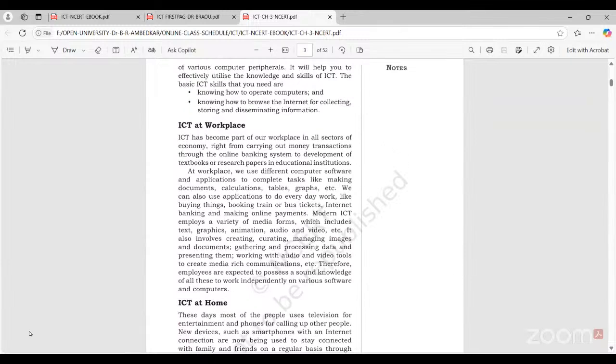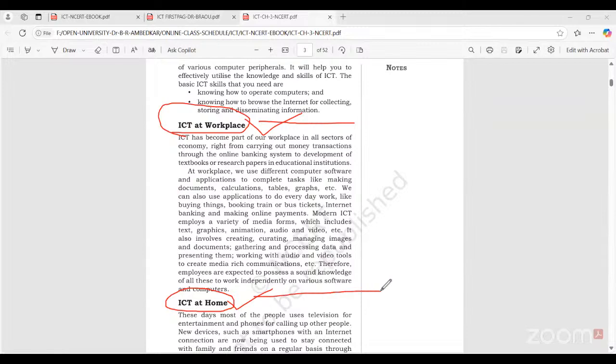One more point is where we use ICT systems. That is at the workplace and at home. At the workplace, the ICT is different. At home, the ICT is different. Different means the kinds of computers we use at the workplace are different from those at home.